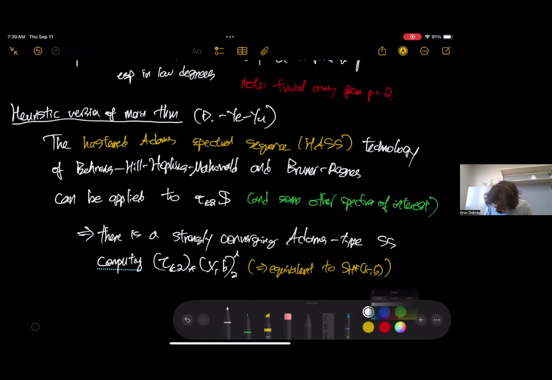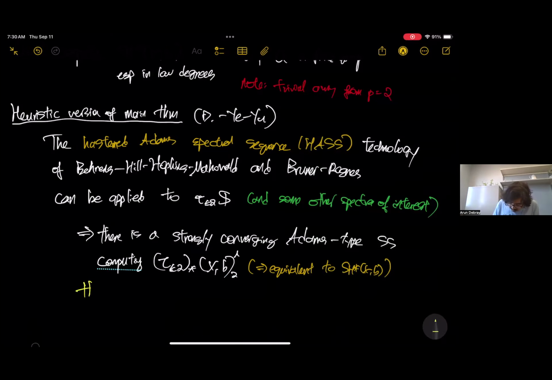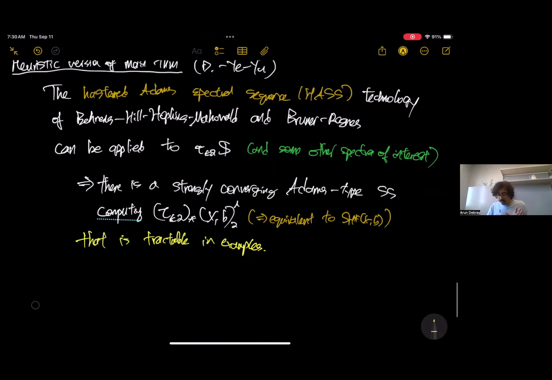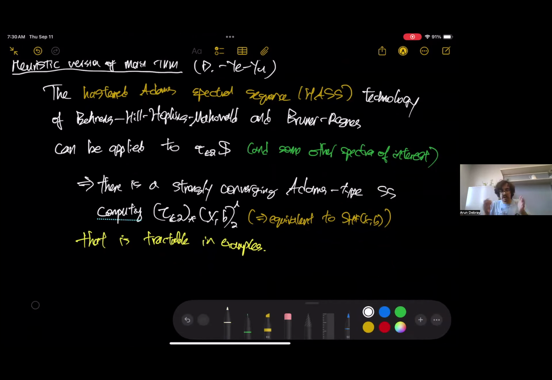And the most important part is that this is tractable in examples. Calling that part of a theorem is not really a mathematically precise statement, but there is a precise statement that some of the differentials which would come up in the ordinary Adams spectral sequence for this go away.